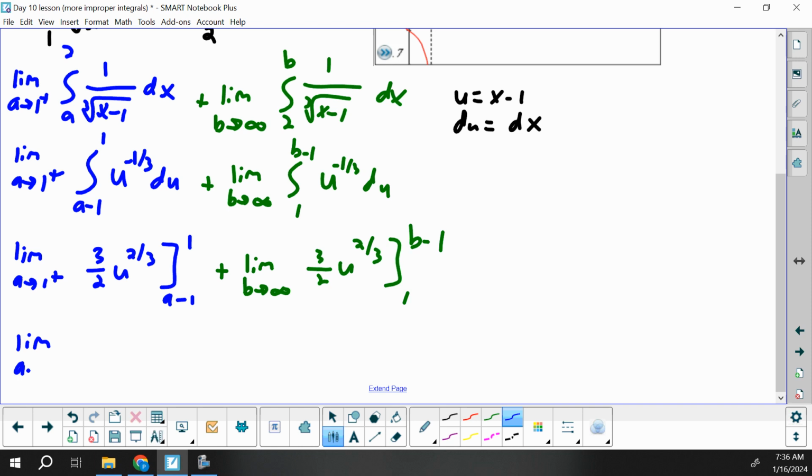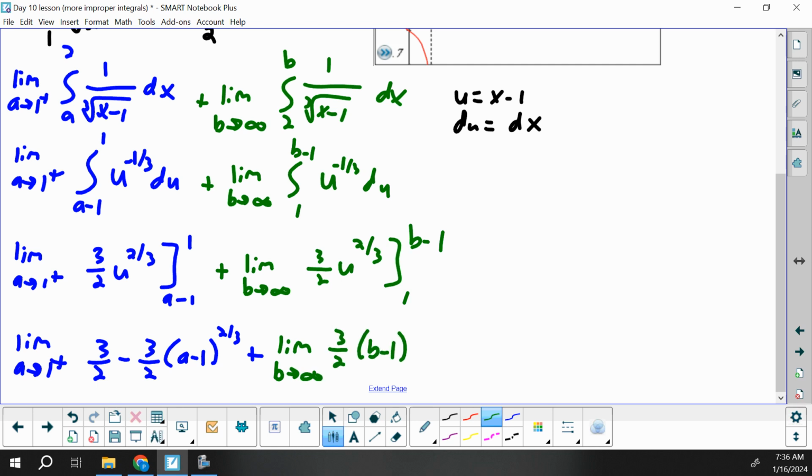We got limit a approaches 1 from the right. That's going to give us 3/2 minus 3/2 times a minus 1 to the 2/3, plus limit b approaches infinity, 3/2 times b minus 1 to the 2/3 minus, when you sub in the 1, we'll just get 3/2.